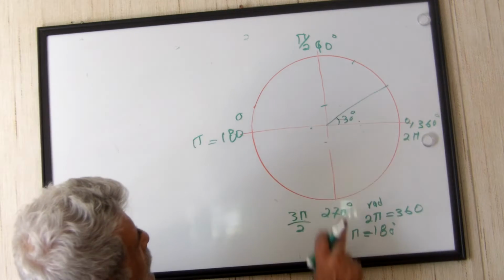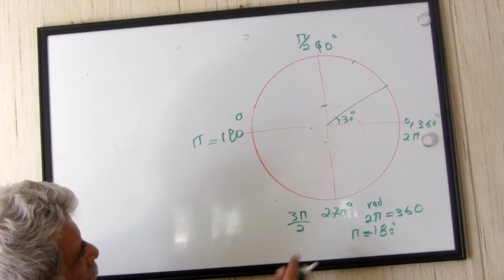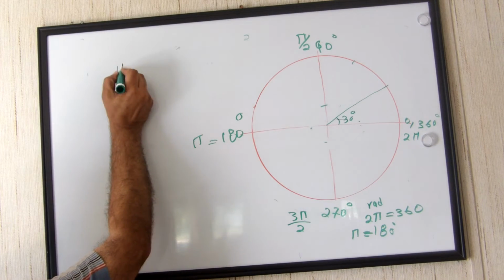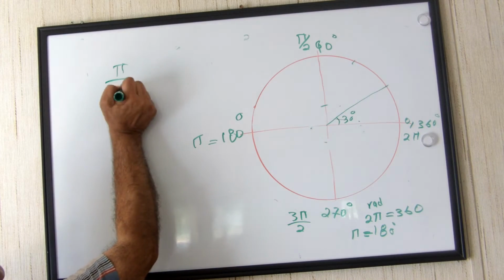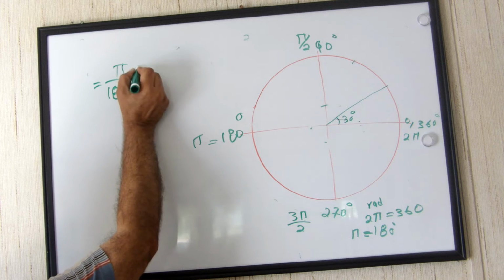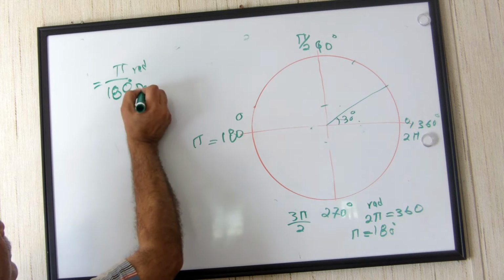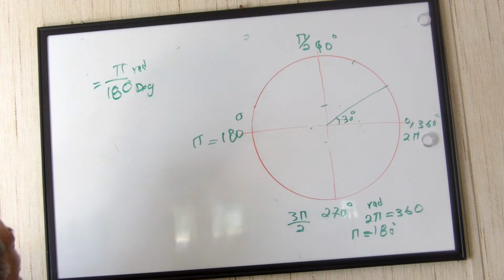Then, for example, let's talk about this conversion. Each pi is 180 degrees, in radians, and this is degrees.